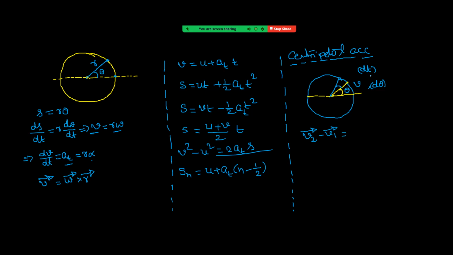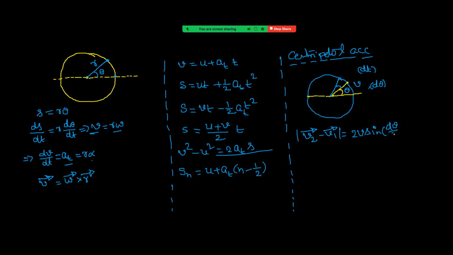Since we have taken dt very small, speed is almost the same. Therefore, this modulus value will be equal to 2v sine d theta by 2.